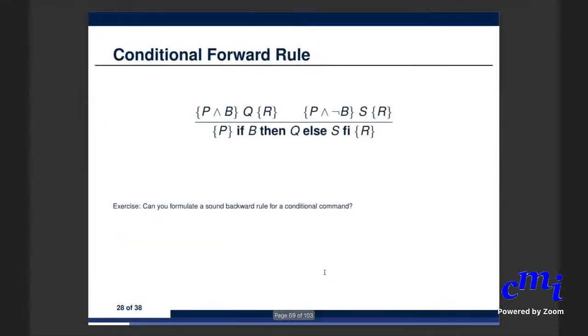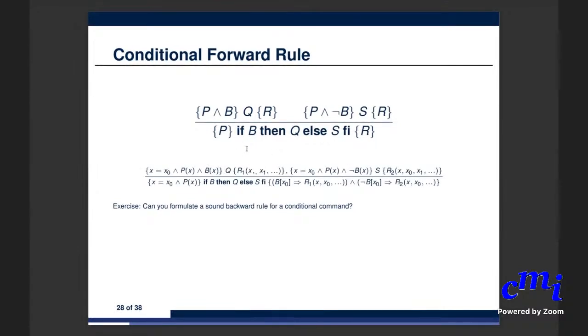Later on we saw the inference rule that specified how to derive the Hoare triple for a conditional statement. This inference rule can be used in both the backward and the forward direction.